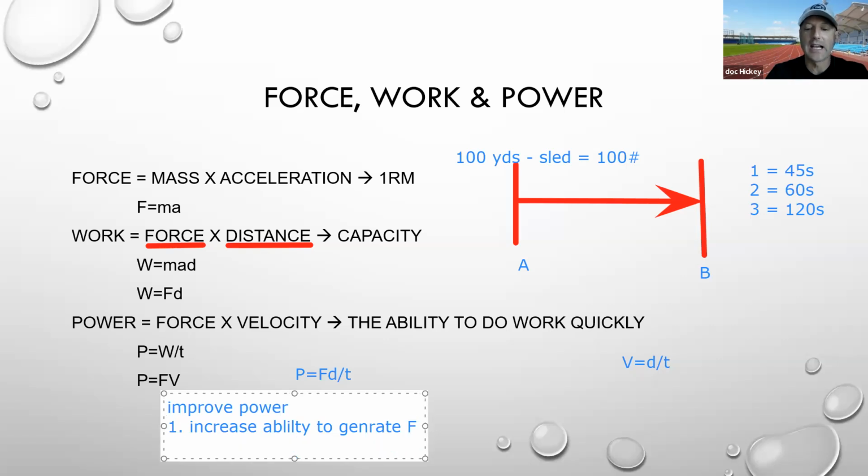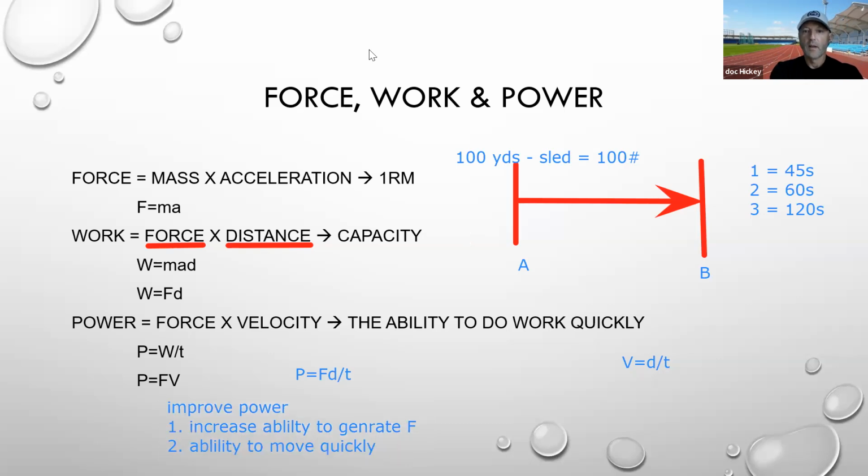And then the second thing I'm going to improve is my ability to move quickly. So this will be our prioritization for our strength and conditioning framework. And we'll clear all this out.